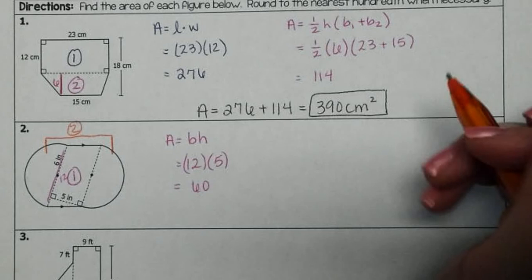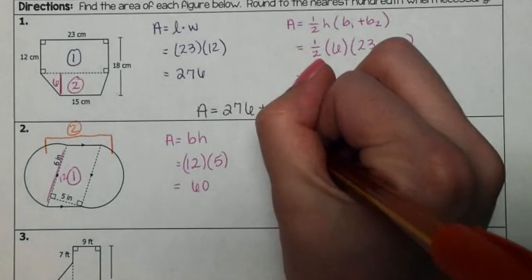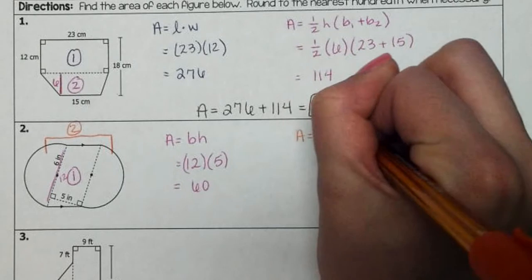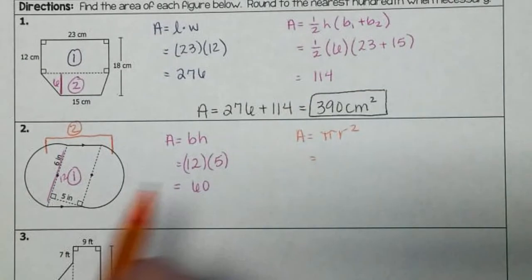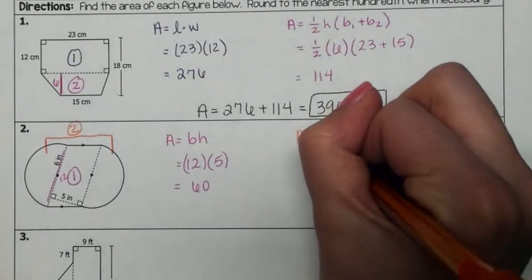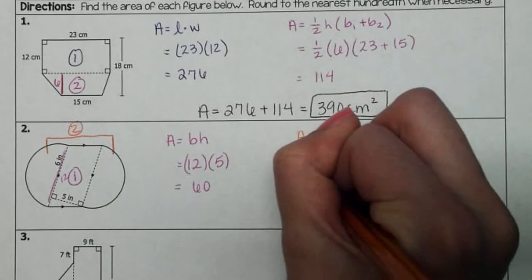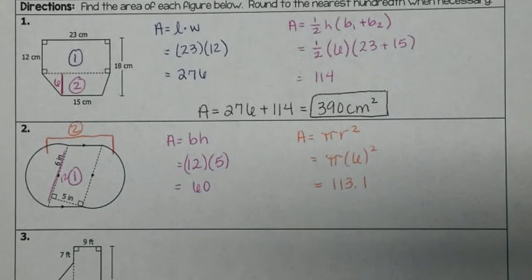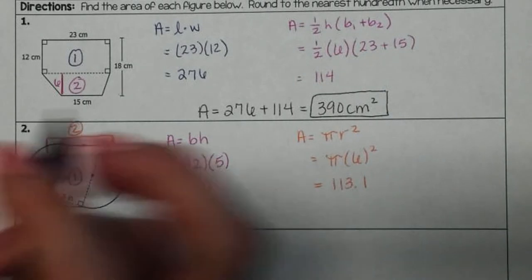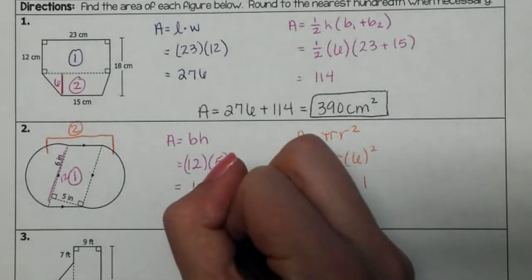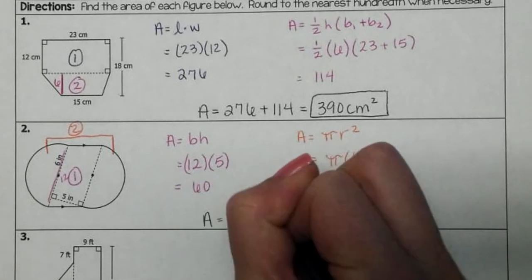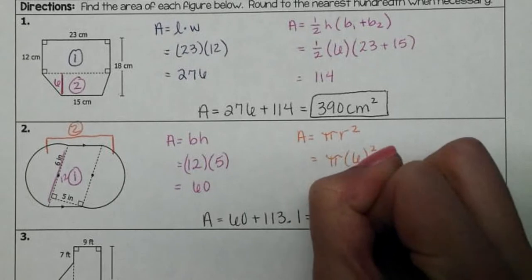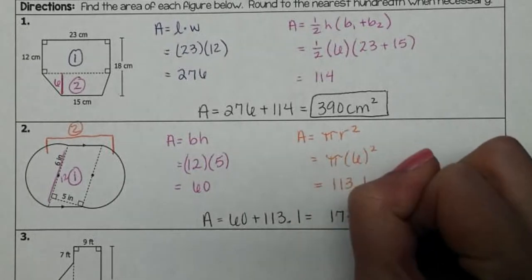Now I'm going to find the area of my second figure, which altogether is a circle, so it's going to be pi r squared. And I know my radius is 6. So I get 113.1. So if I find my total area, I've just got to add 60 plus 113.1 to get 173.1 inches squared.